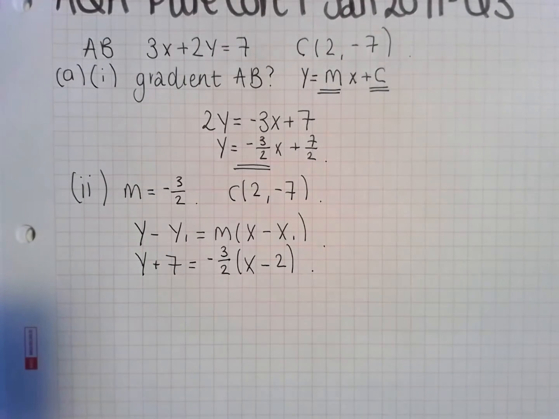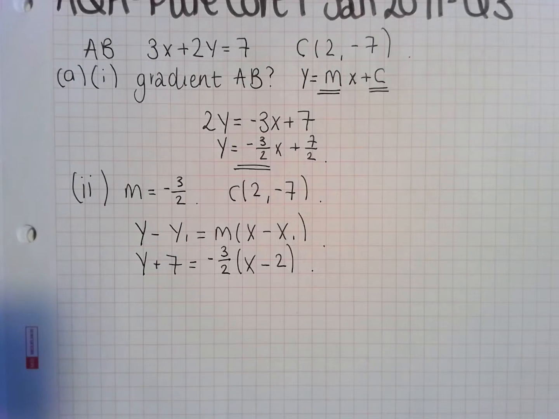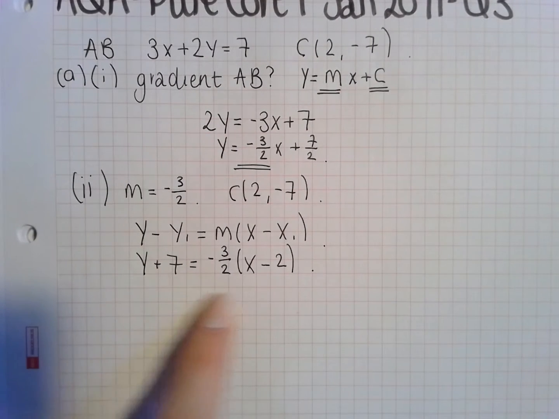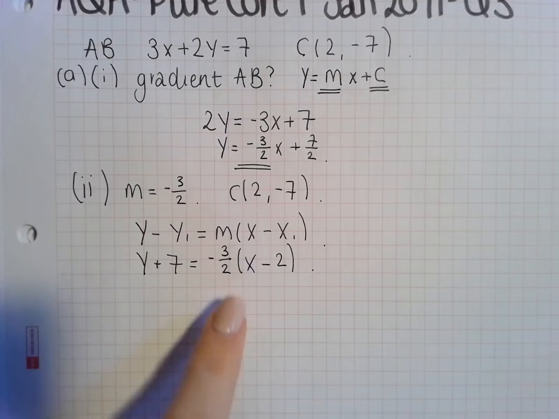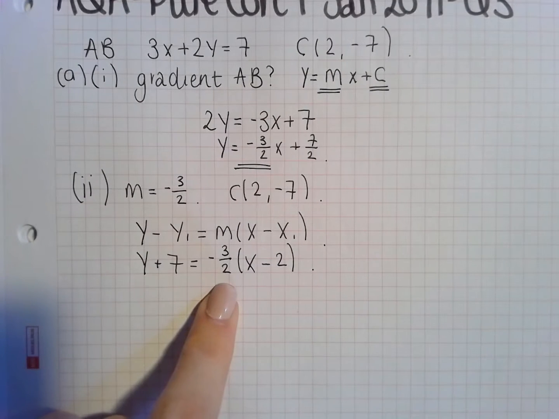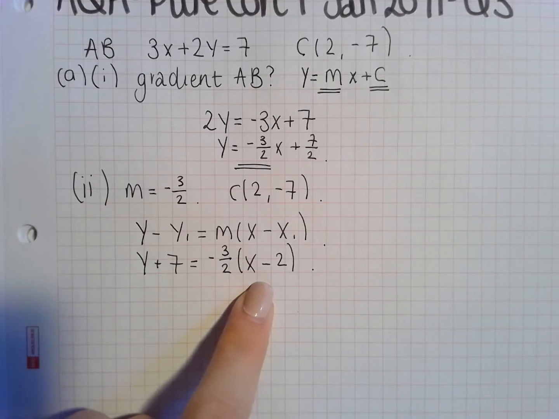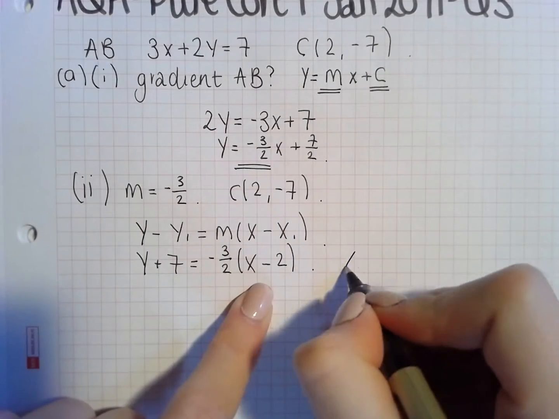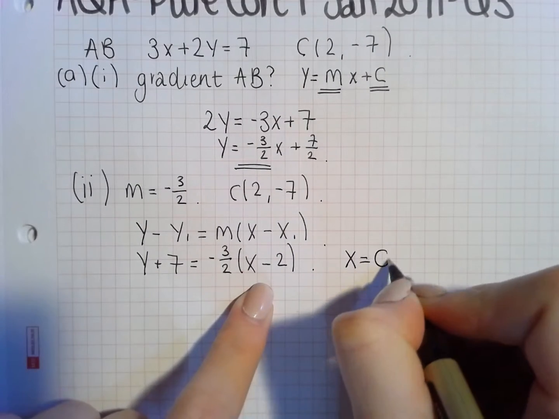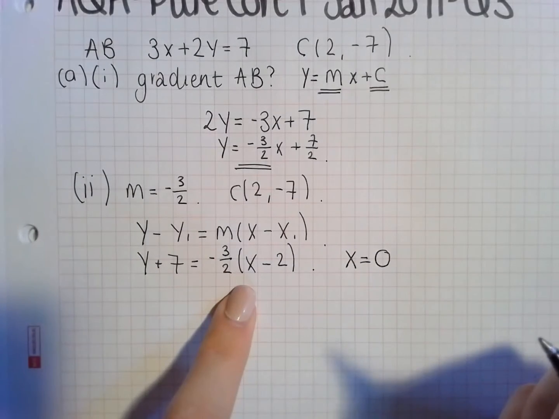Okay, it crosses the y-axis at the point D, find the y-coordinate of D. So this line crosses the y-axis at the point D. When the line crosses the y-axis, x is 0. So we want to find out what y is when x equals 0.